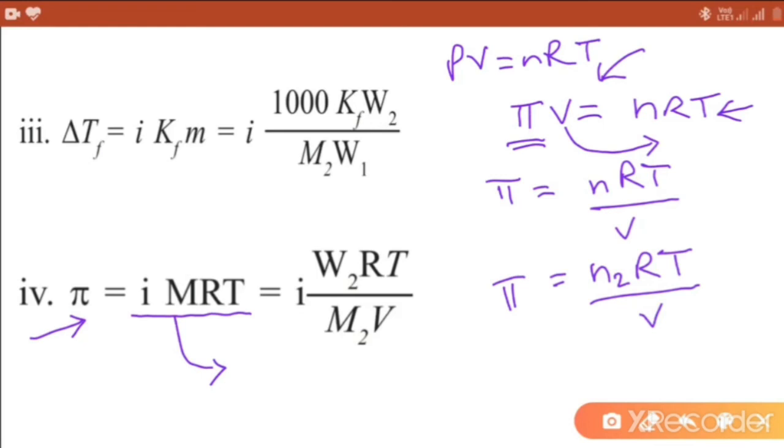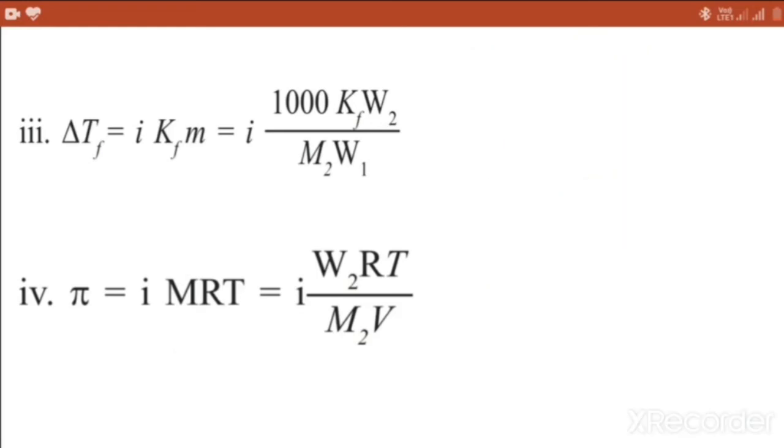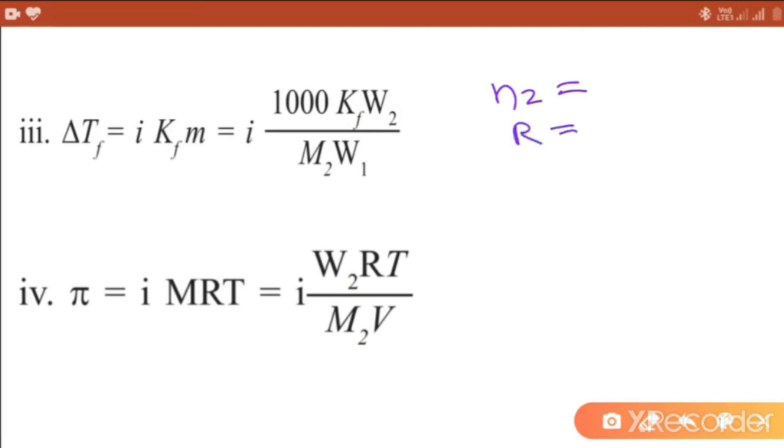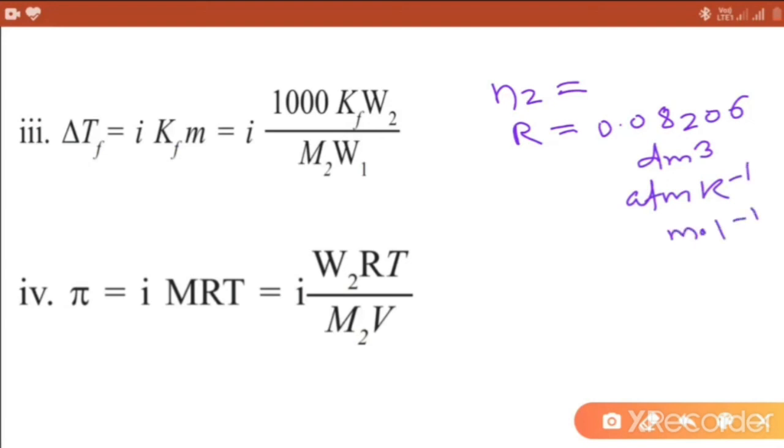But here n2 is number of moles of solute, R is a gas constant, whose value is 0.08206 dm cube atm per Kelvin per mole, and T is absolute temperature.